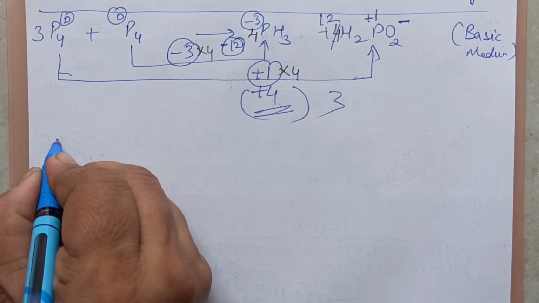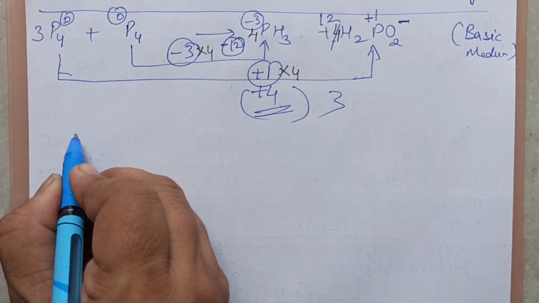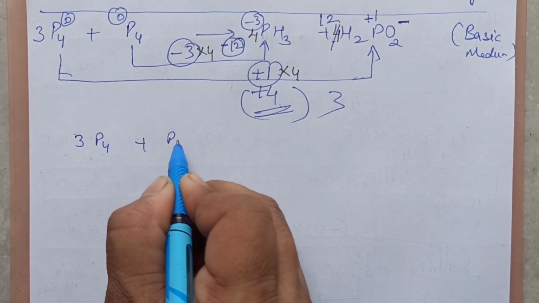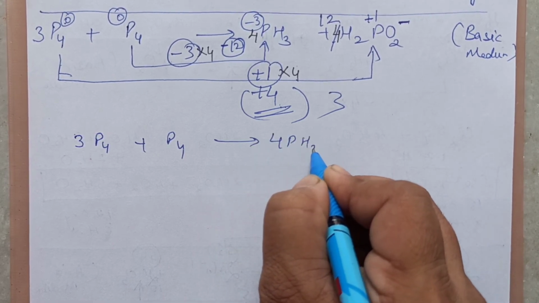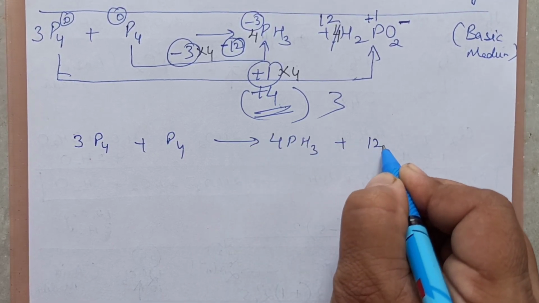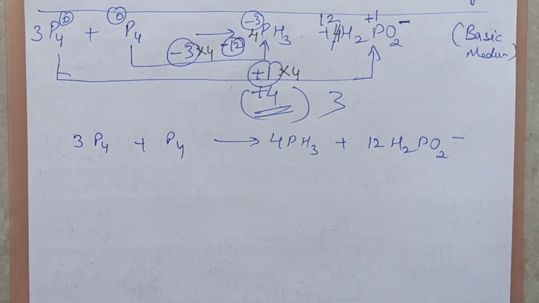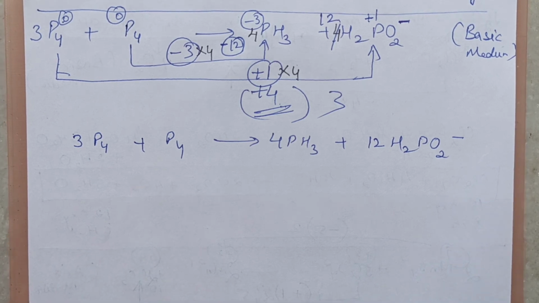And I am going to rewrite this whole equation again. So what we are doing is 3P4 plus P4 forms 4PH3 plus 12H2PO2 minus. Right? So instead of this you can write down 4P4 also.